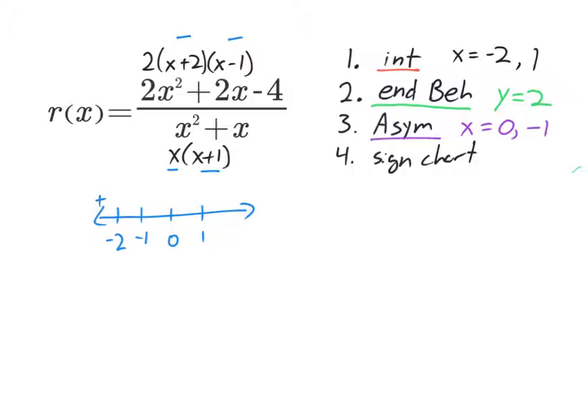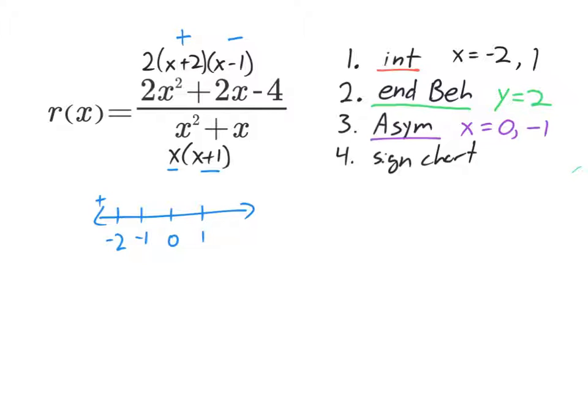In between negative 2 and negative 1, so let's say negative 3 halves, or in other words, negative 1.5. If I plug that into here, it's going to become positive. This will stay negative, this will stay negative, this will stay negative. So now I have a positive, negative, negative, negative. 3 negatives make a negative.